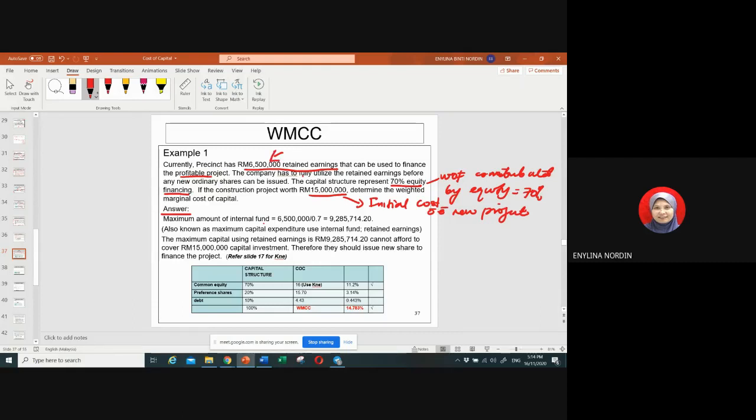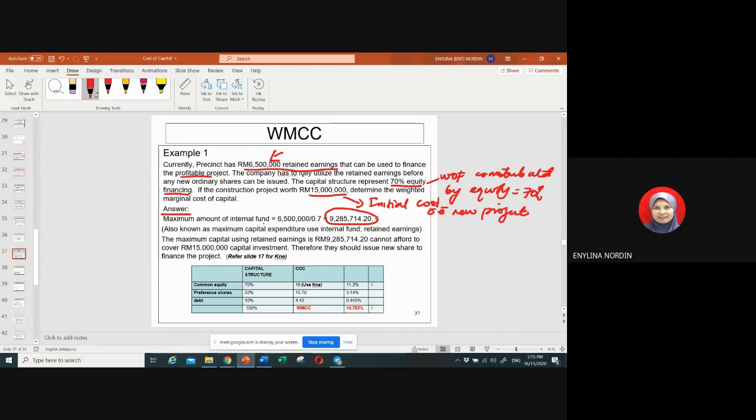In order to determine the maximum amount of internal fund, the formula is retained earning divided by the weightage of financing financed by equity, 70%. Therefore, this is the maximum internal fund for capital expenditure, also known as the maximum capital expenditure using internal fund or retained earning.